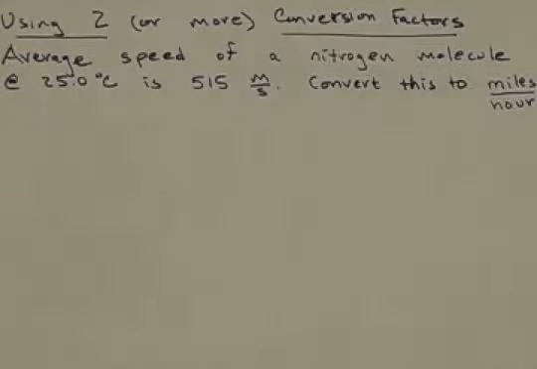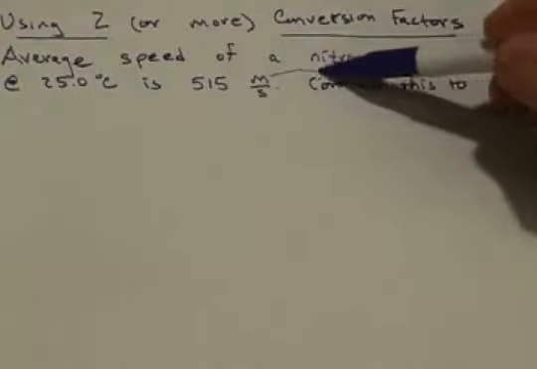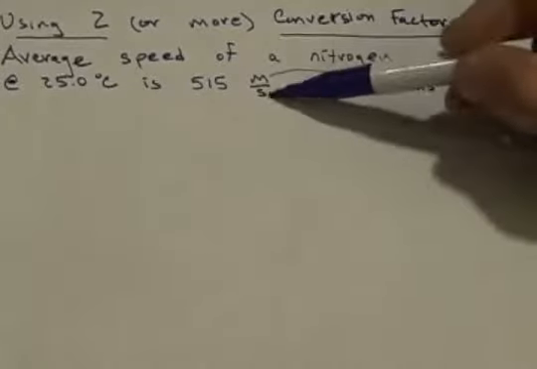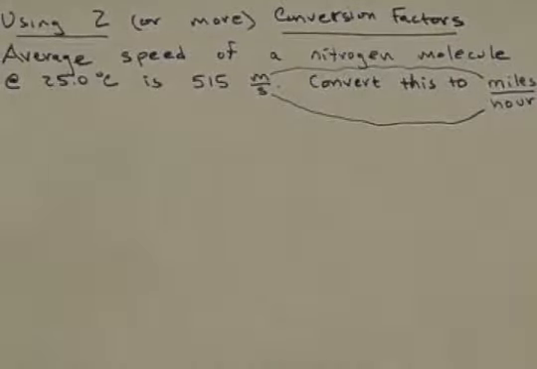Convert this speed to miles per hour. Well, notice we're changing 2 things in this: meters to miles and seconds to hours. So we're going to have to do 2 conversions here to make this work.